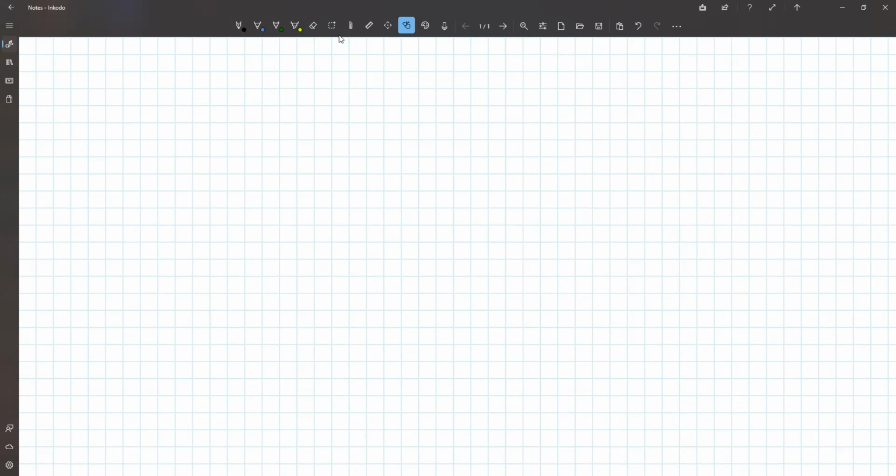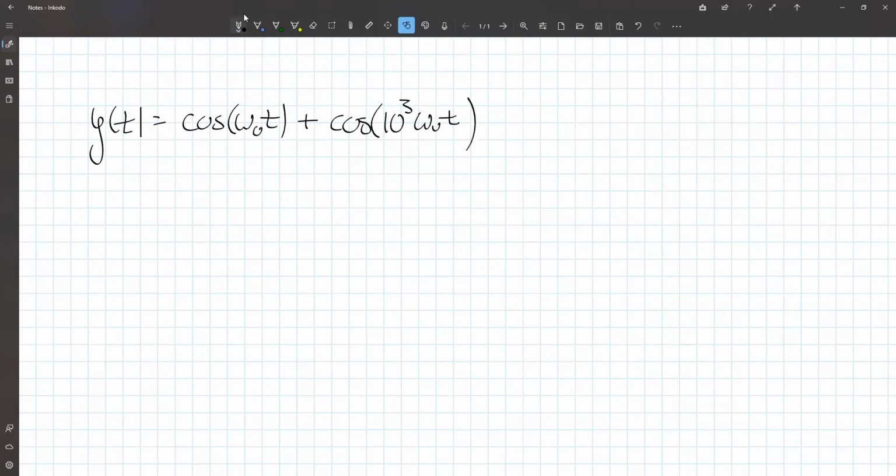Let's say I had a signal y(t) equal to cosine of ω₀t plus cosine of 10³ω₀t. So this is a periodic signal, right? I'm going to have a very fast part and a very slow part compared to each other.